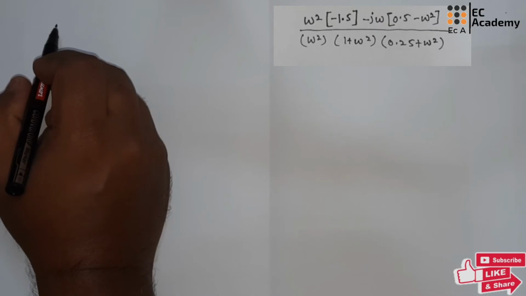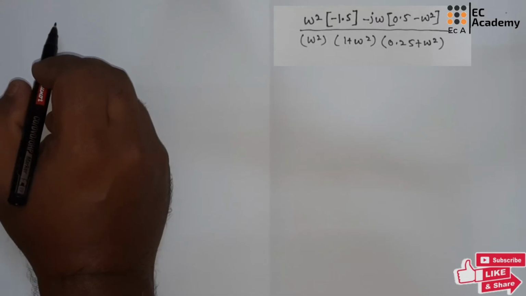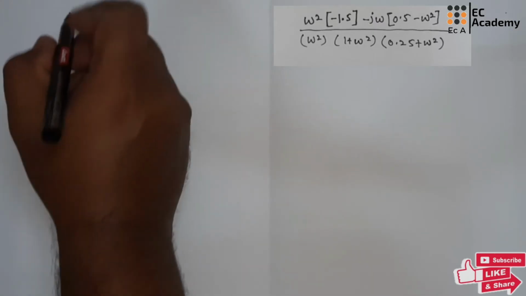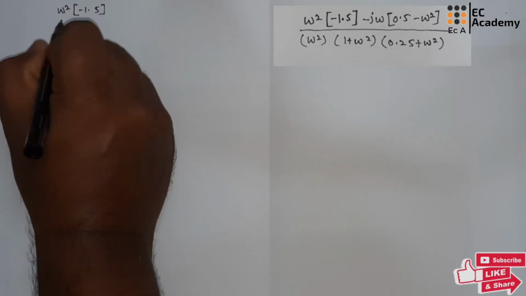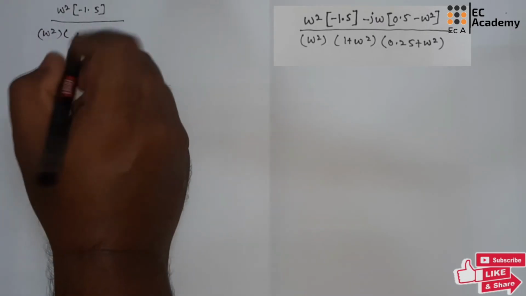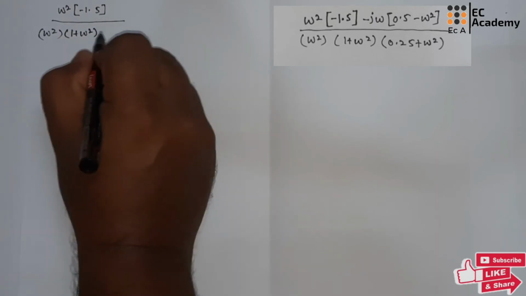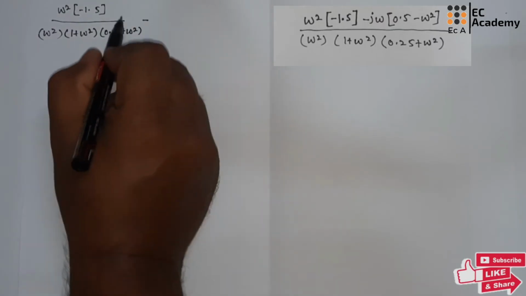In the previous step, we got the expression as omega square into minus 1.5 minus j omega into 0.5 minus omega square, divided by omega square into 1 plus omega square into 0.25 plus omega square. Now let us separate the real term and imaginary term. So we can take omega square into minus 1.5 divided by omega square into 1 plus omega square into 0.25 plus omega square, and this is the real term.